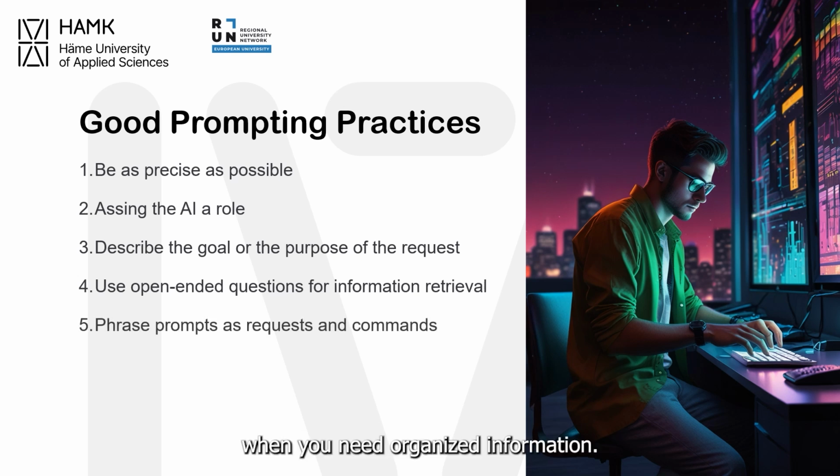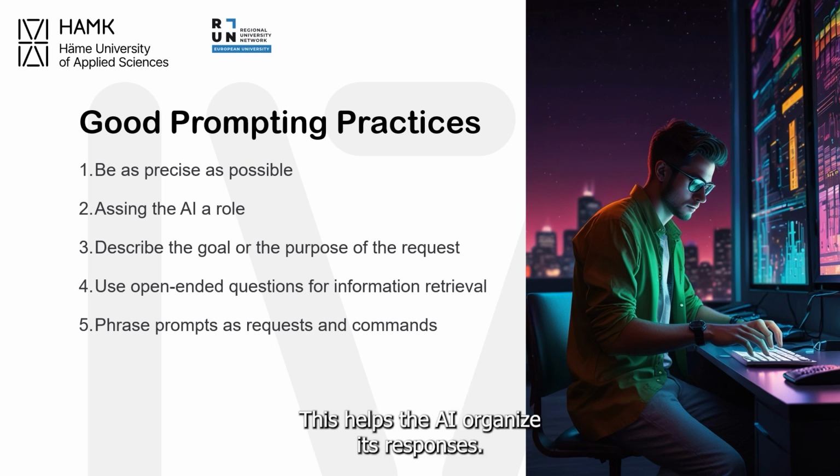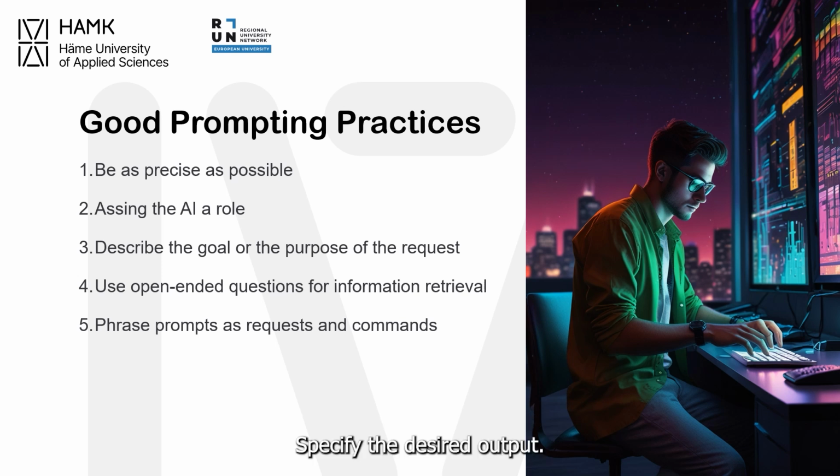When you need organized information, use bullet points or specific formats in your prompt. This helps the AI organize its responses. 6. Specify the desired output. Indicate if you want a list, summary, explanation, or code snippet. By default, the AI responds with headings, paragraphs, or lists, so give specific format instructions when necessary.